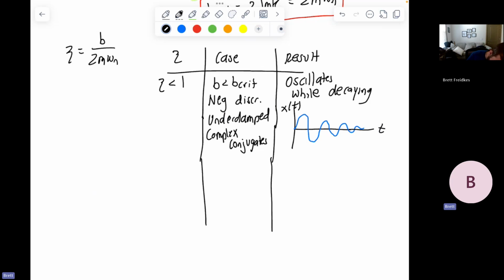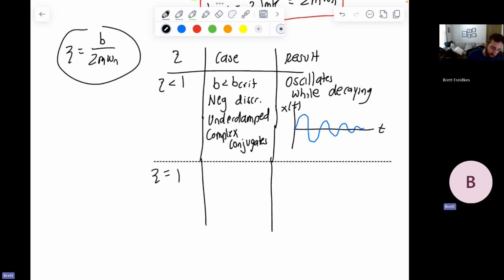Okay. The next case would be that zeta equals 1. Well, if this is equal to 1, that means that B is equal to the critical damping coefficient, which means it's critically damped. B equals B crit.